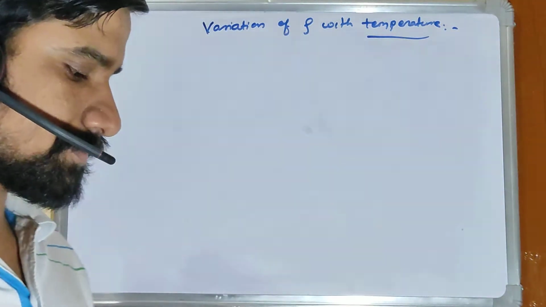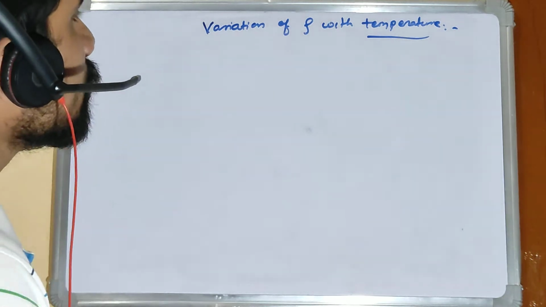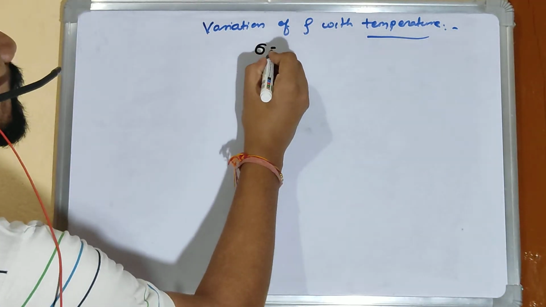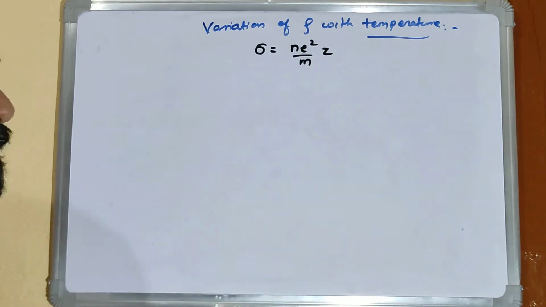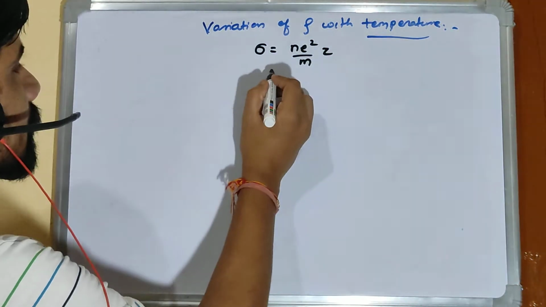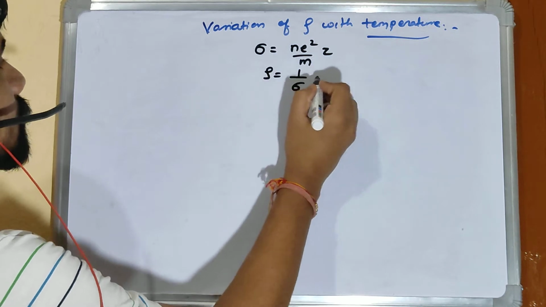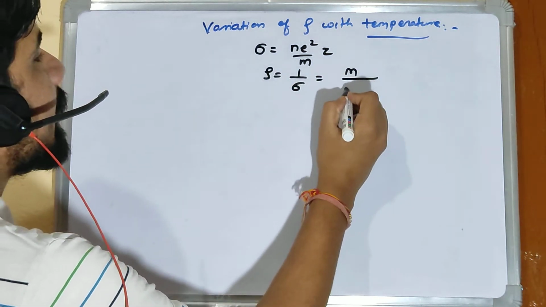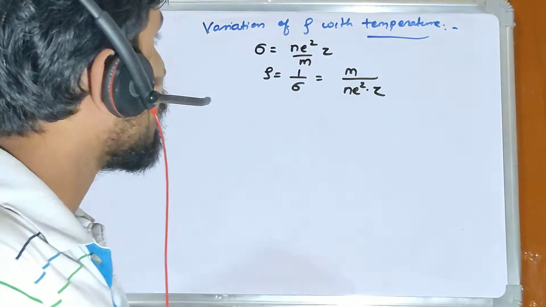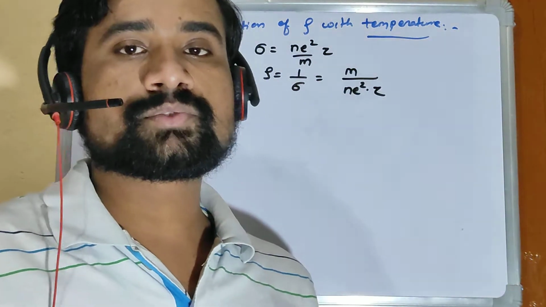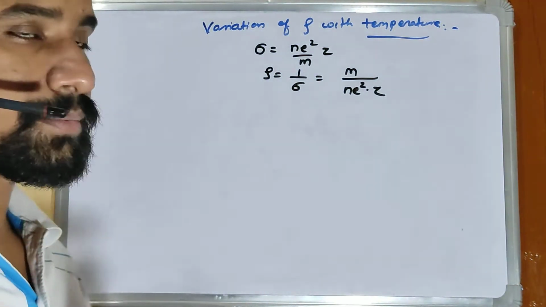We discussed that. Now, conductivity is given by Ne squared tau by m, as we just derived. Resistivity is nothing but 1 by conductivity, so this becomes m by Ne squared tau.